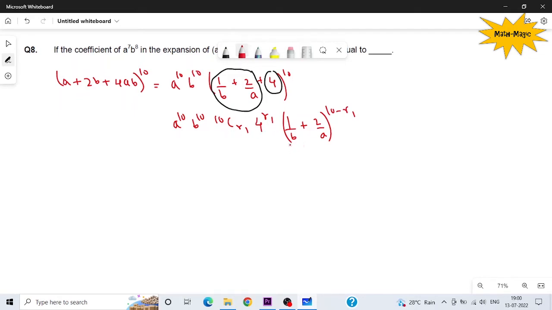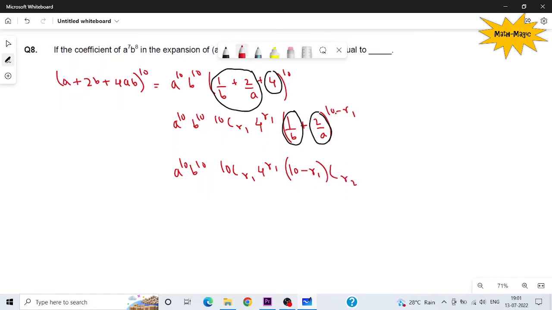Then again, here we can apply the (a + b) raised to n formula. So how will the term look for this expansion? It becomes a raised to 10, b raised to 10, 10C r1, 4 raised to r1, then (10 minus r1) C r2.